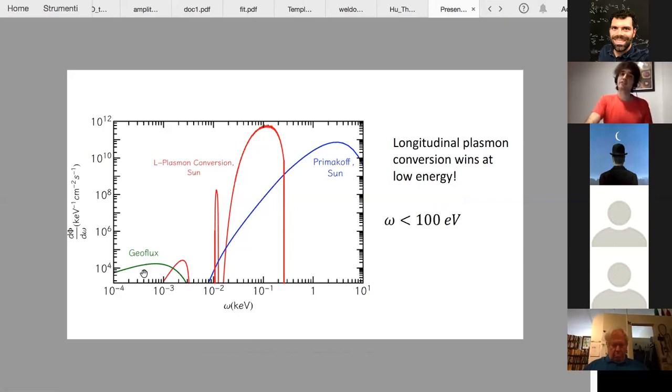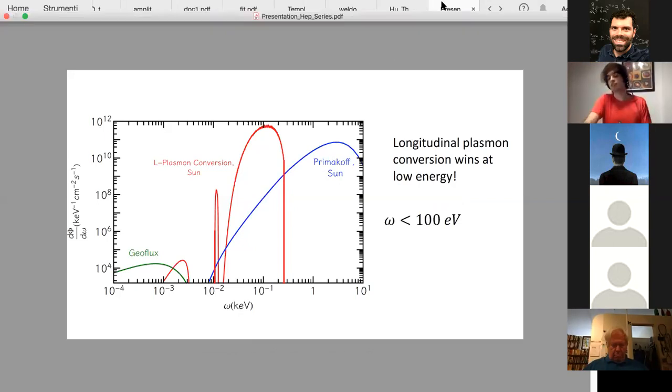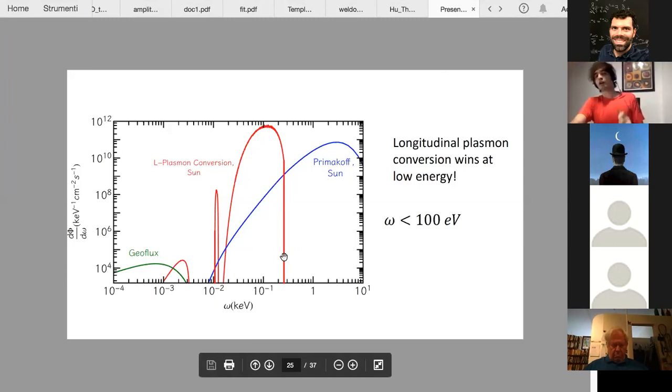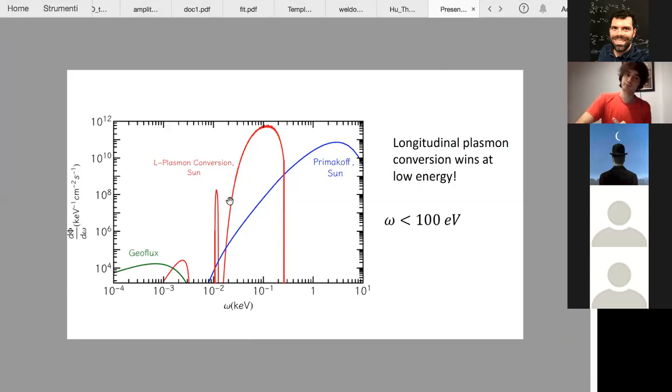The green line is the geoflux from the Earth. So geo, yeah, the axion flux from the Earth, calculated assuming a KSVZ model in which you produce the electron coupling just via loop. And then there's a very nice thing, I think, in our work. These 3 zones here, these red zones, are our process.